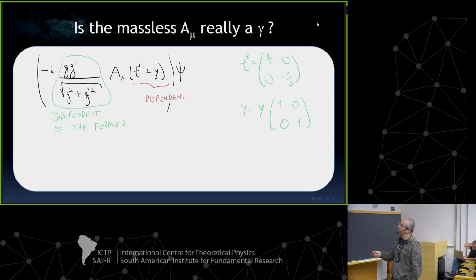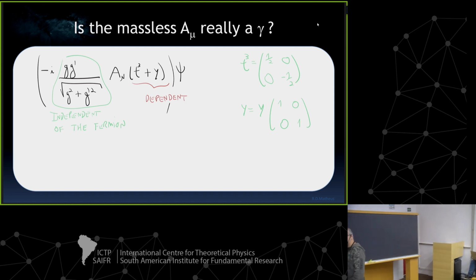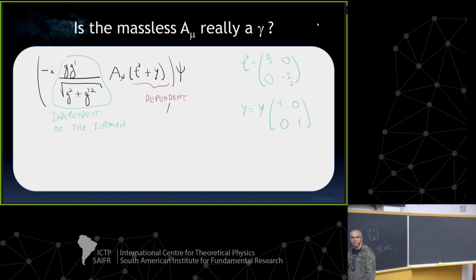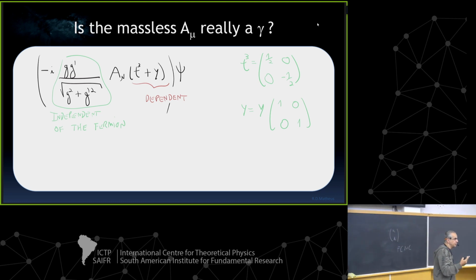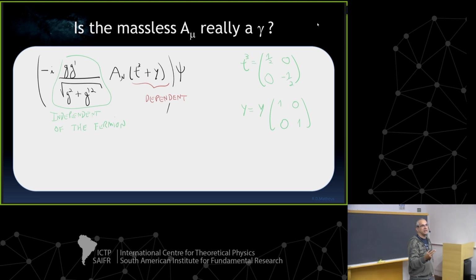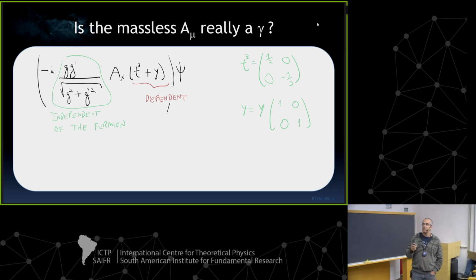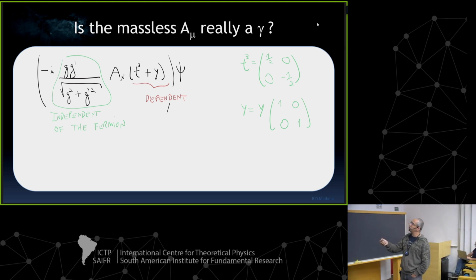Now we have 2 parts here. One is really intrinsic to the theory. This will be the same for every fermion that I apply. It's just a number, a combination of g and g prime, which are the 2 gauge couplings for SU2 and U1. And there is a part where these operators act on the fermion and will depend on the quantum numbers of the fermion.